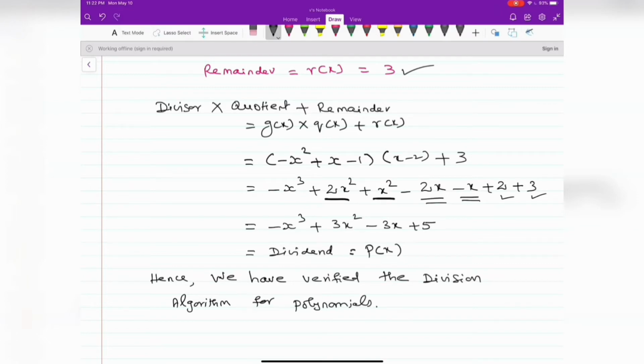So these are the steps involved in verifying the division algorithm for polynomials when you divide a polynomial by another polynomial. Okay, now let us pass on to the next concept: how to check whether the first polynomial is a factor of the second polynomial by dividing the second polynomial by the first polynomial.